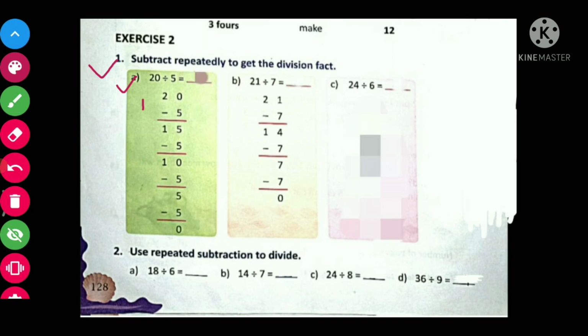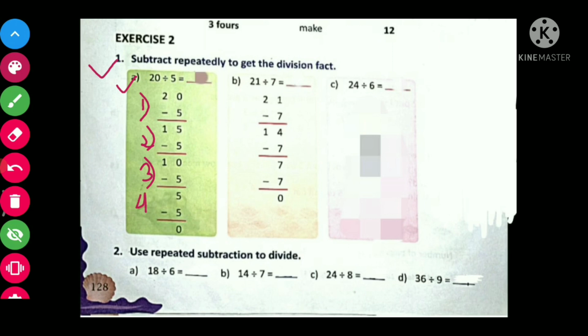See, this is the first step where 20 is subtracted by 5, and the answer is 15. This is the second step where 15 is again subtracted, and now the answer is 10. This is the third step where this 10 is again subtracted and the answer is now 5.